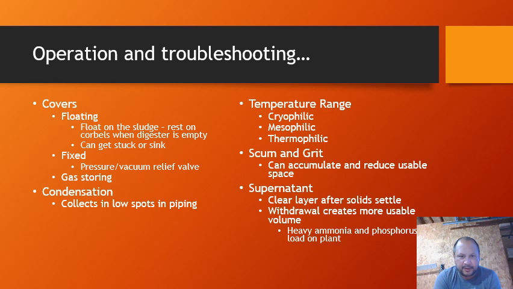I know at our plant in Perrysburg, we've cleaned several of them in the past few years and seen quite a bit of buildup of grit. All that gritty material that comes into the wastewater plant and gets pumped into the digesters with sludge settles to the bottom, and it just will collect there and build up and actually reduce the available volume for digestion. So that's something to be aware of.